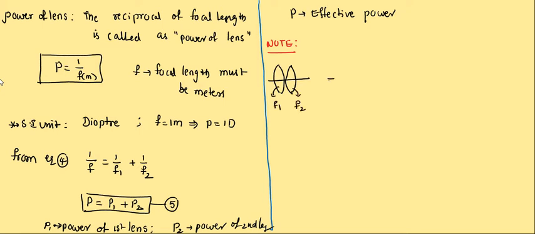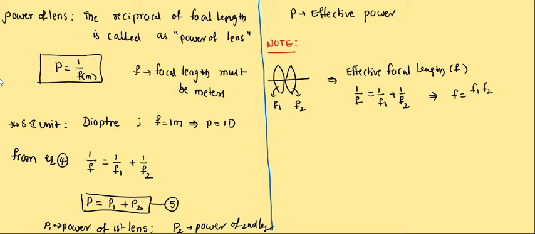Then we write the formula for the effective focal length. Effective focal length is f. To find that, we have the formula 1 by f is equal to 1 by f1 plus 1 by f2. From this we write f is equal to f1 f2 by f1 plus f2. If you want, you can write like this.